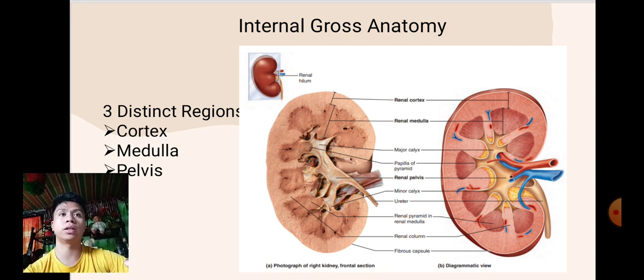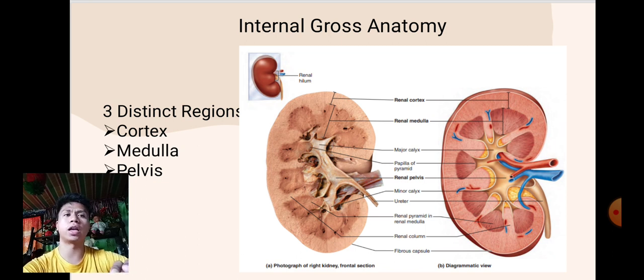It exhibits cone-shaped tissue masses called renal pyramids or medullary pyramids. The broad base of each pyramid faces the cortex and its apex, or papilla, what we call the nipple, points internally.